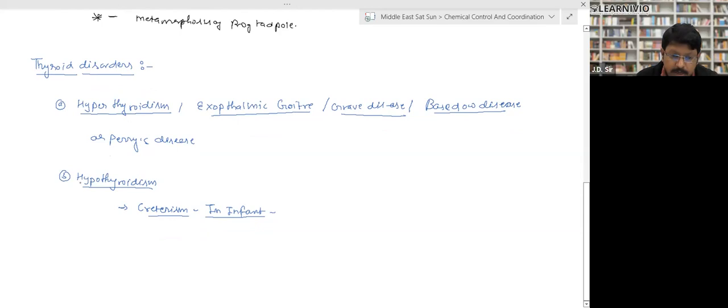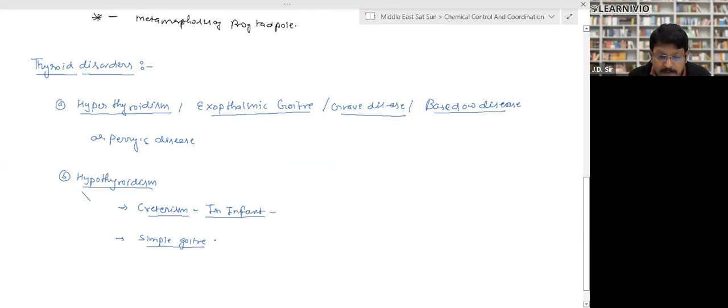The next disease is called simple goiter. In exophthalmic goiter, the eyes protrude out, right? In simple goiter, the neck part gets swollen.